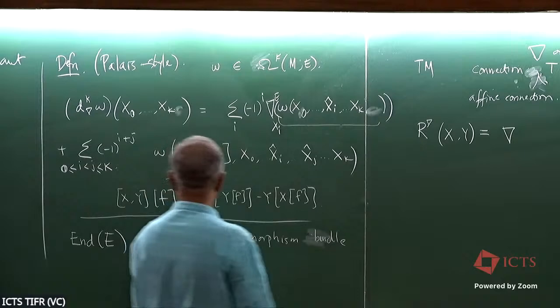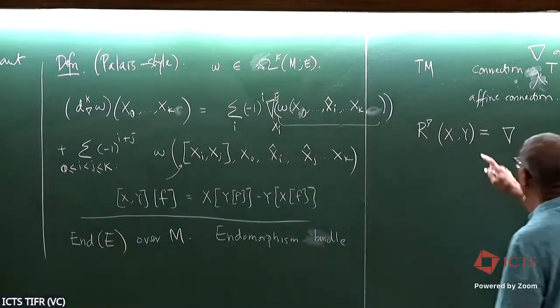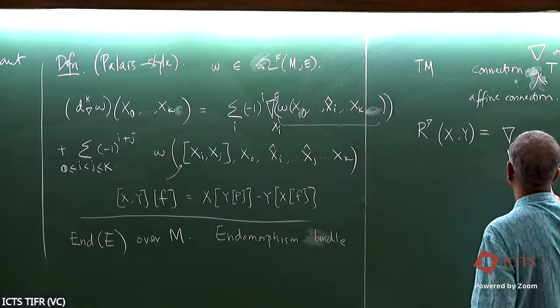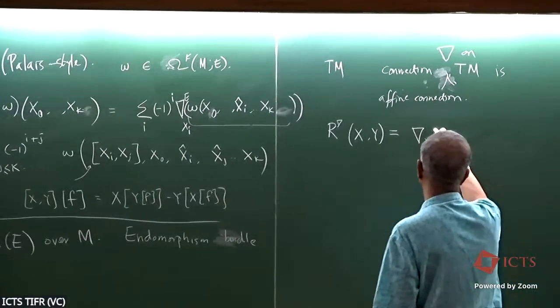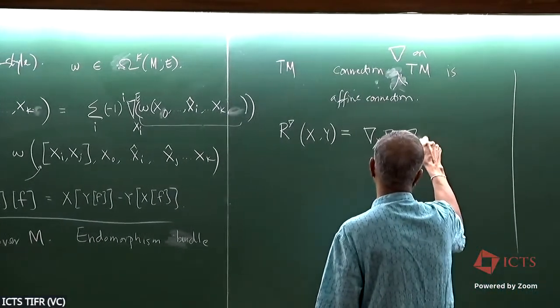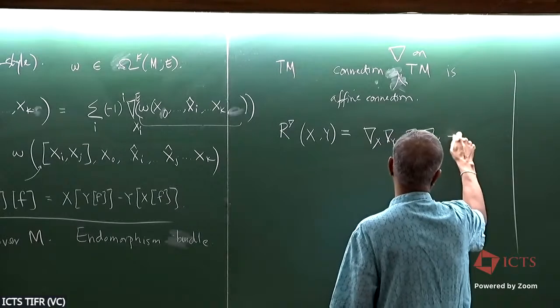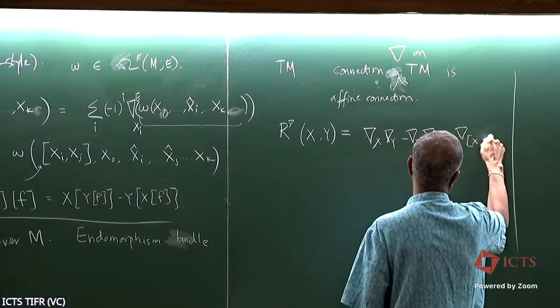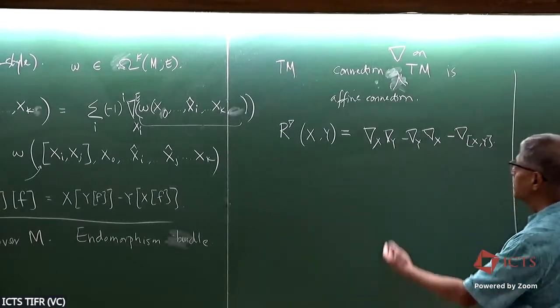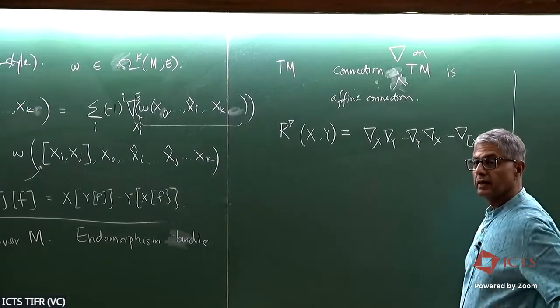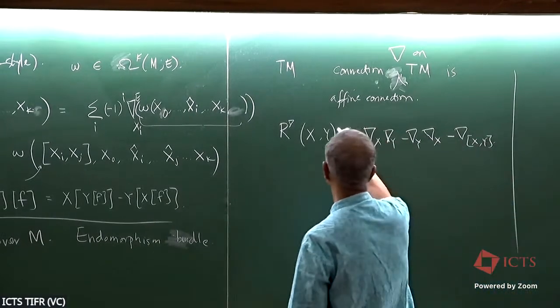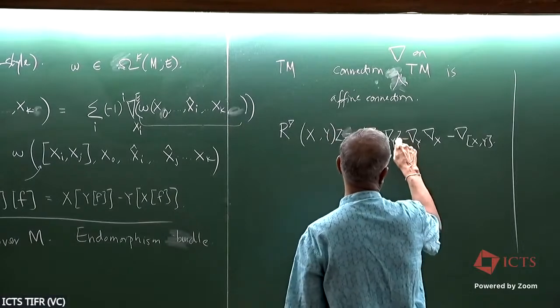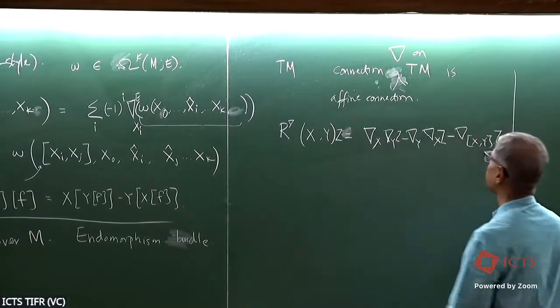And if you write the usual definition of curvature for an affine connection, notice that it's a 2 form, and it's endomorphism valued because you will feed it a third vector and get a new vector.